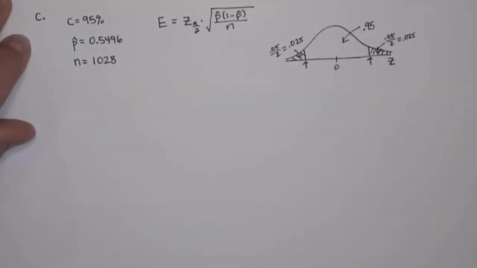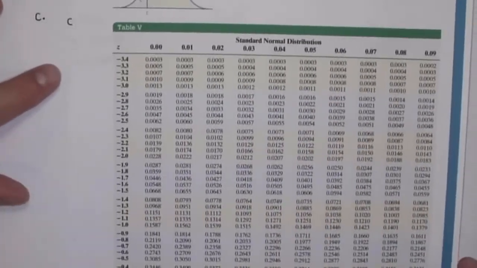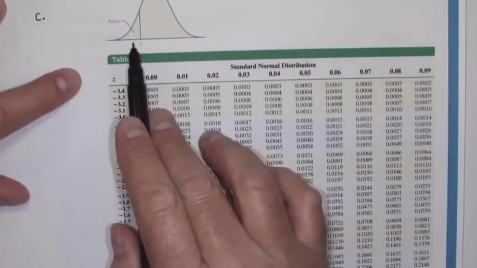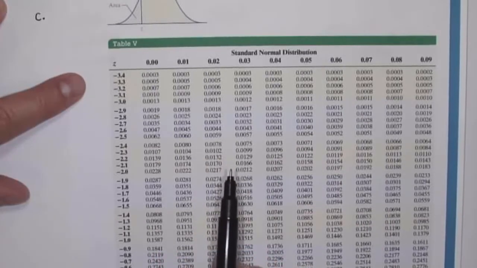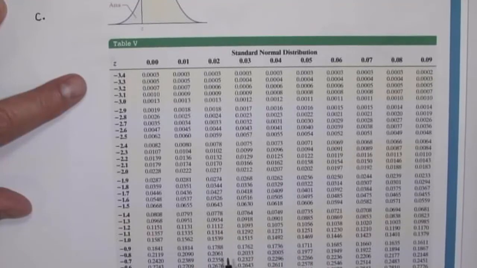Now again, we've learned ways to do this previously back in earlier chapters. So we can do this by hand, we can do this with technology. So I'm going to begin by reviewing how we do this by hand. By hand, we can use our normal tables. So here I brought in my normal table, and I'm looking for the area over here in this left tail to be 0.025. So I'm going to think of that as 0.0250.